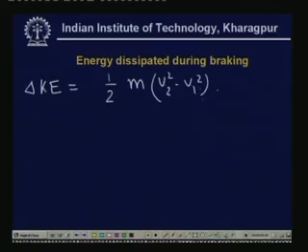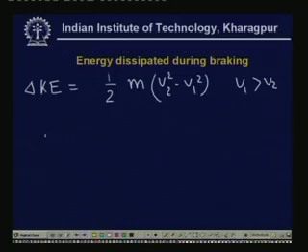V1 is the velocity before applying the brake, and V2 is the speed after application of the brake. Naturally V2 is lesser than V1, therefore this is a negative quantity. So delta KE is nothing but the loss in kinetic energy of the moving part, and this is for translational motion.